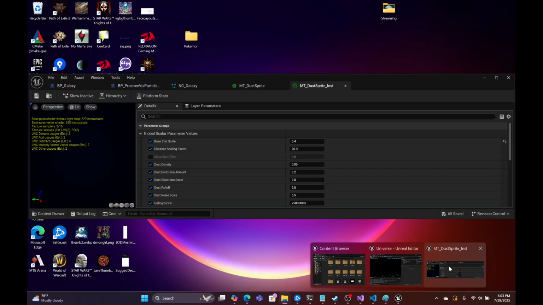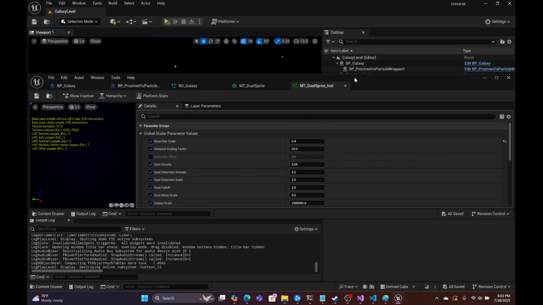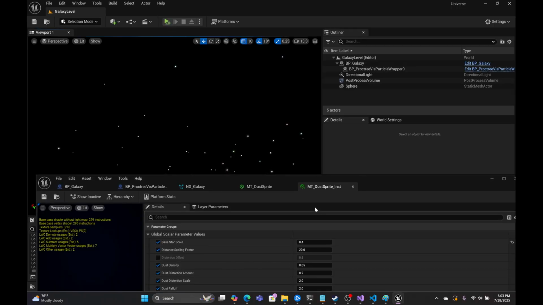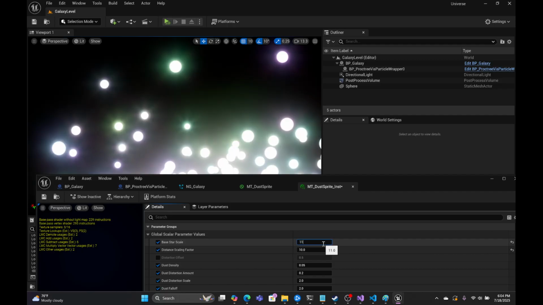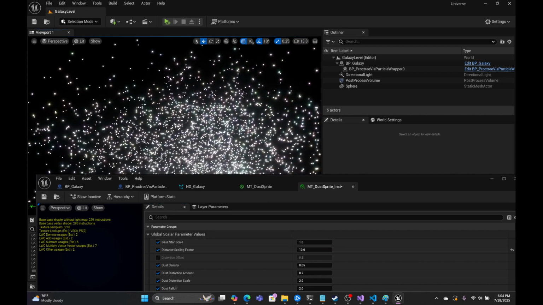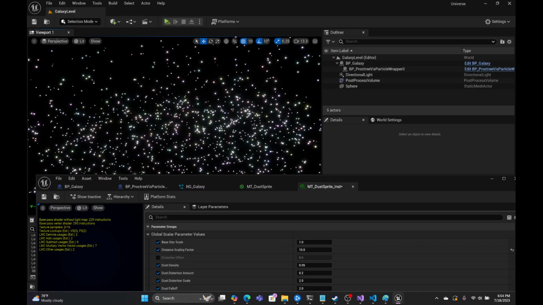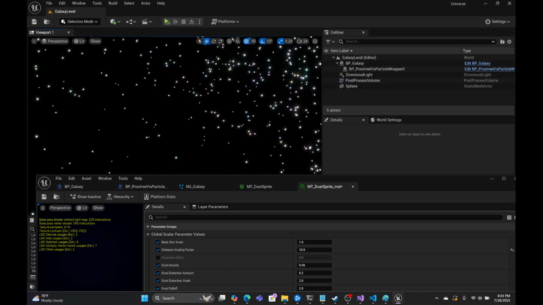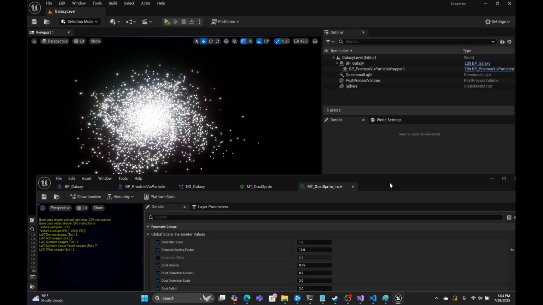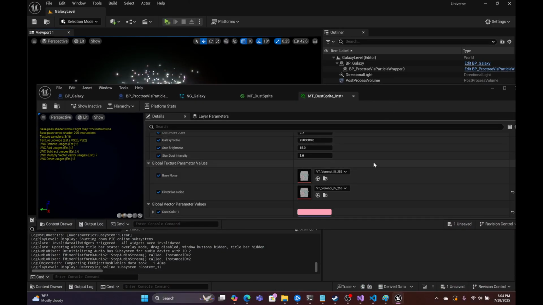We have a problem in the dust sprite here. And then the dust cloud properties.